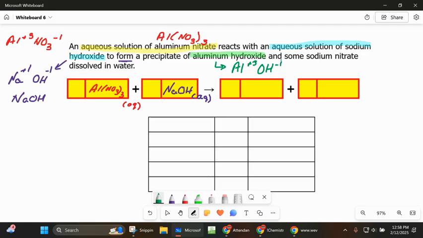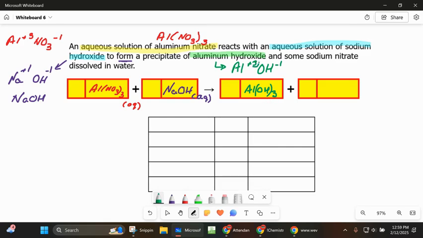Okay, so now when I do the combination of these two to get my charges to 0, what does it look like? Like that? You're close. Yeah, I need to put the OH in the parentheses.